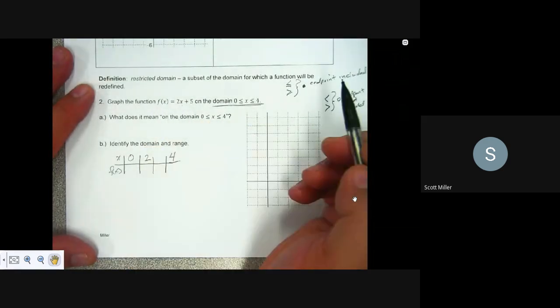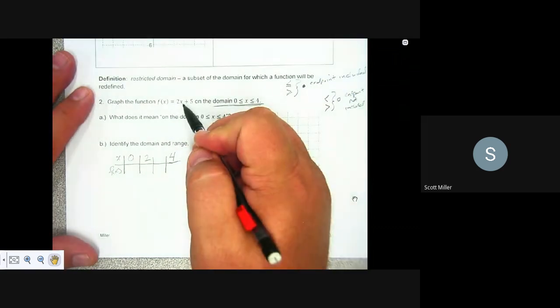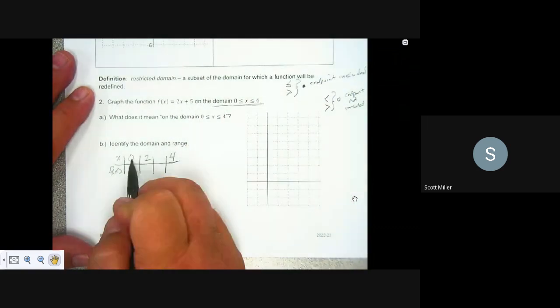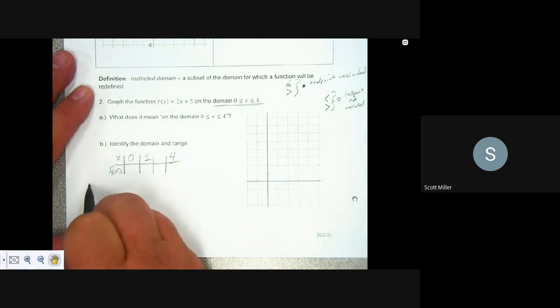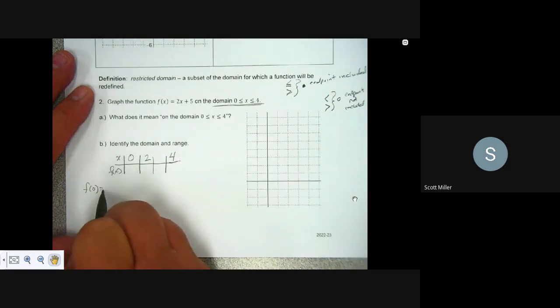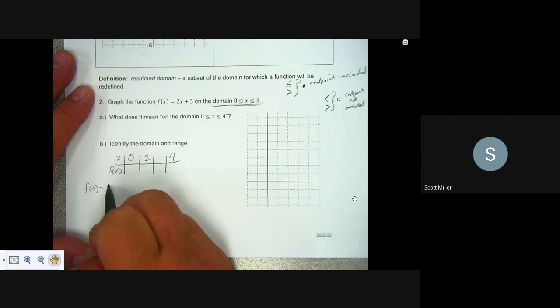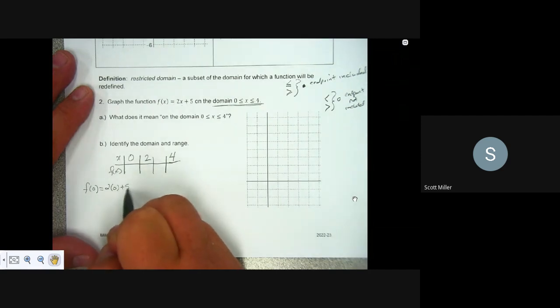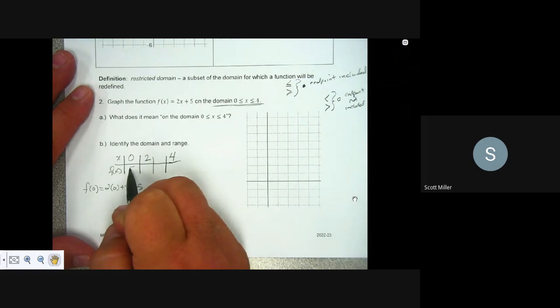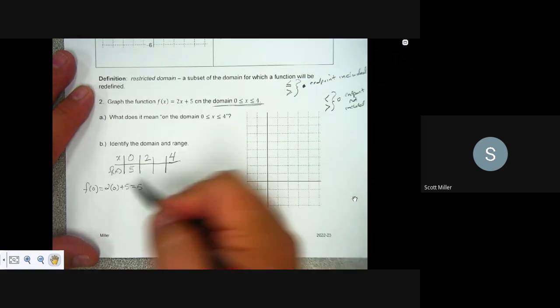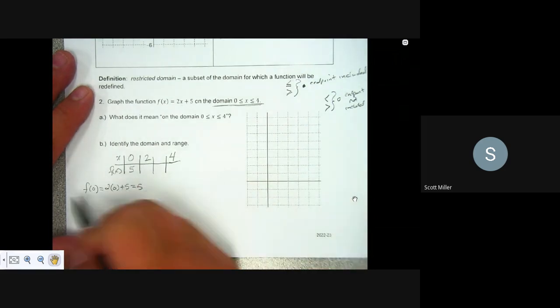If you're not familiar with function notation, here's what it would look like if you wrote it out. You don't have to. You can just plug in the numbers and get answers. It's fine with me. But to plug a number into a function, you're saying f at 0 is 2 times 0 plus 5. 2 times 0 is 0, so this is a 5. Now, I don't require you to do that. I'm just showing you how you can do it.